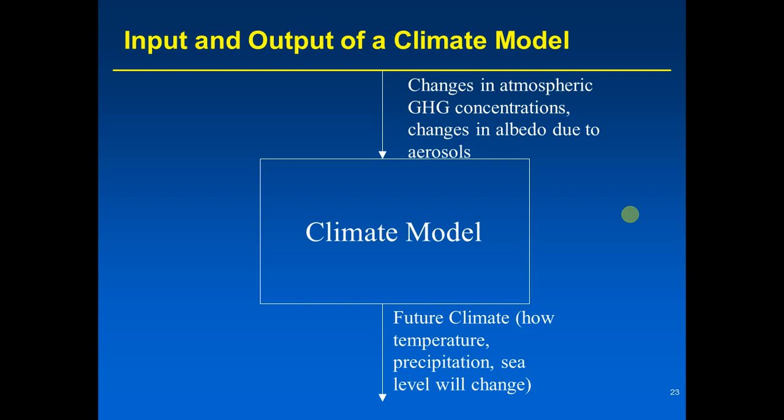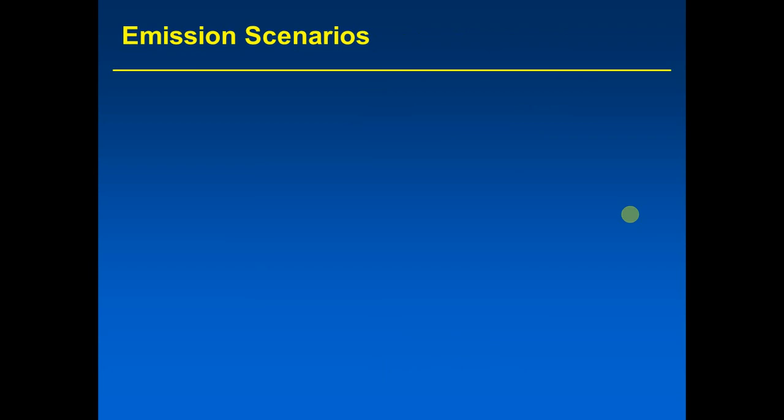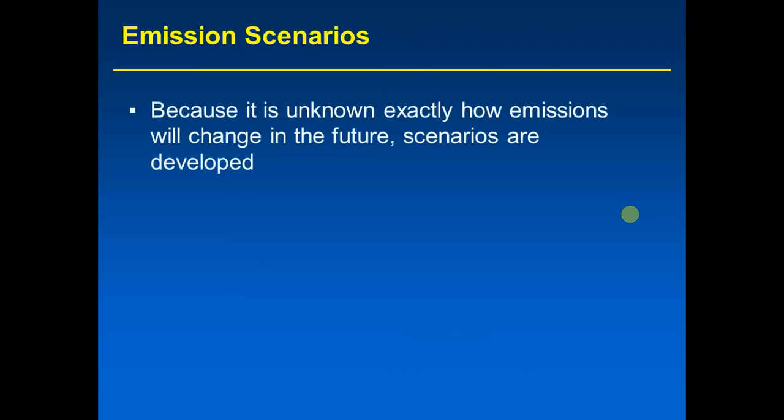So, now, talking about emission scenarios. It is unknown exactly how greenhouse gas emissions will change in the future, right? And because of this, scenarios are developed. Okay? An example of how we don't know exactly how the emissions will change in the future: there was a stall in global emission growth in 2015.